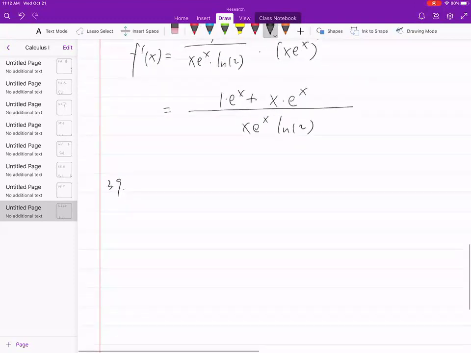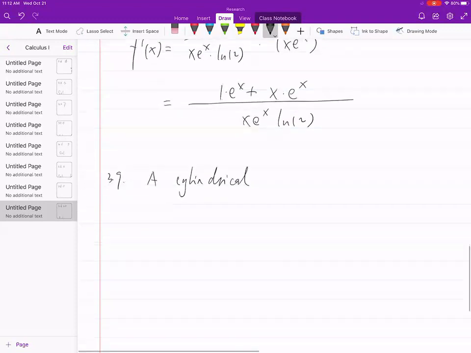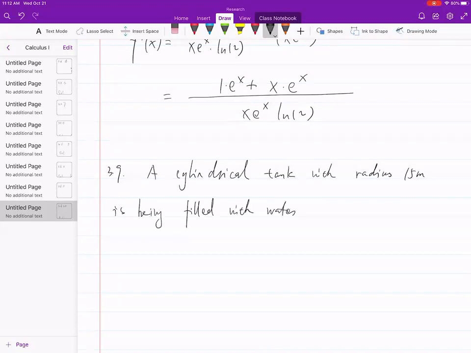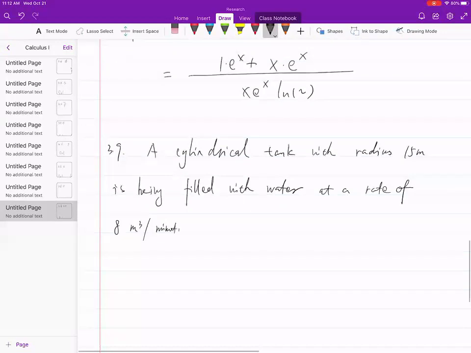We have a cylindrical tank with radius 15 meters being filled with water at a rate of 8 cubic meters per minute. How fast is the height of the water increasing?